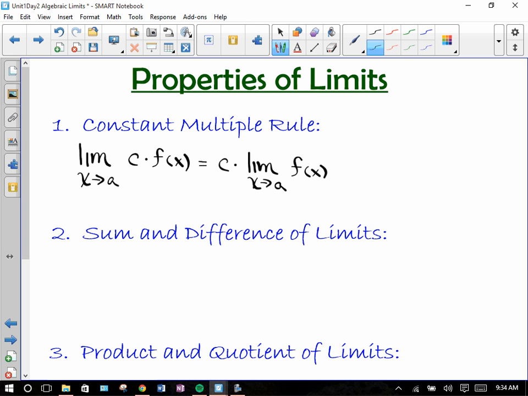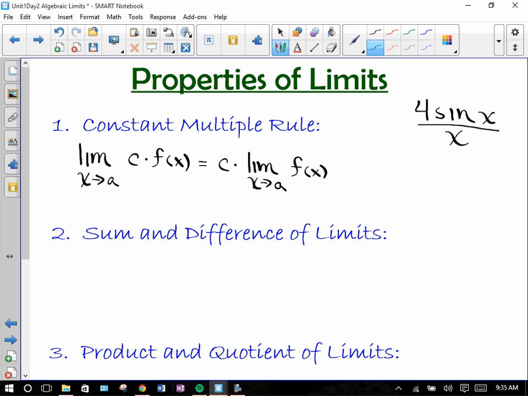So when you see a function that looks complicated that you don't necessarily recognize, one function that this could make easier to find the limit of is, let's say, 4 sine x over x. We know what sine x over x is, but we don't know what 4 sine x over x is. This allows us to pull this 4 out.